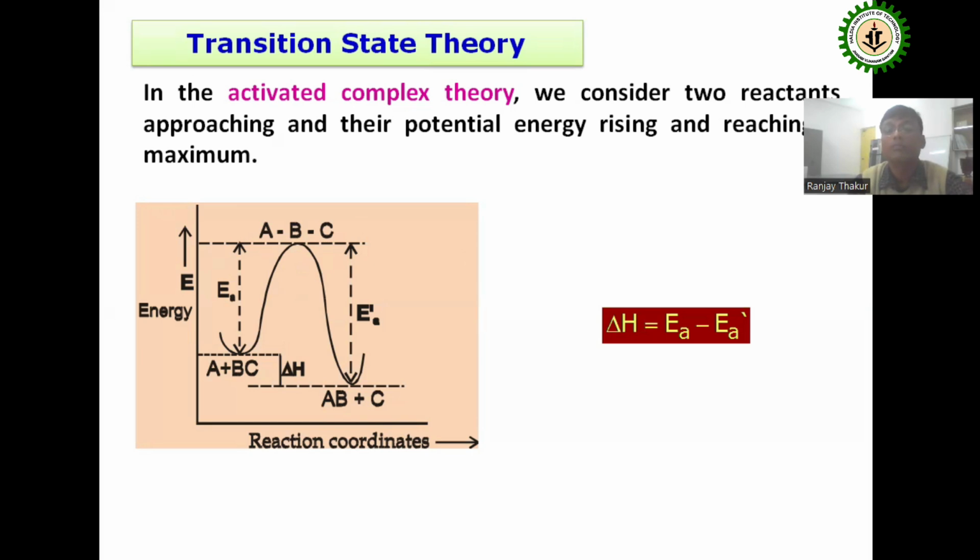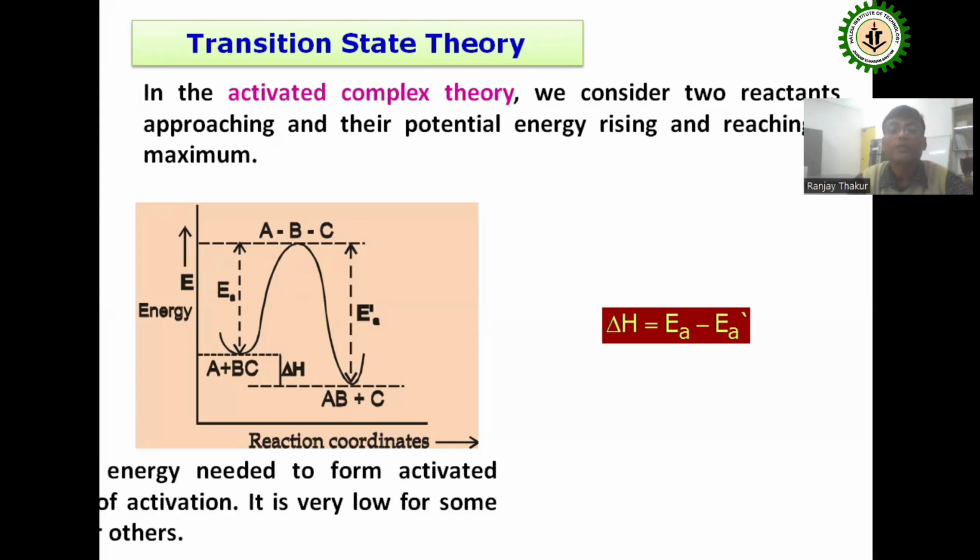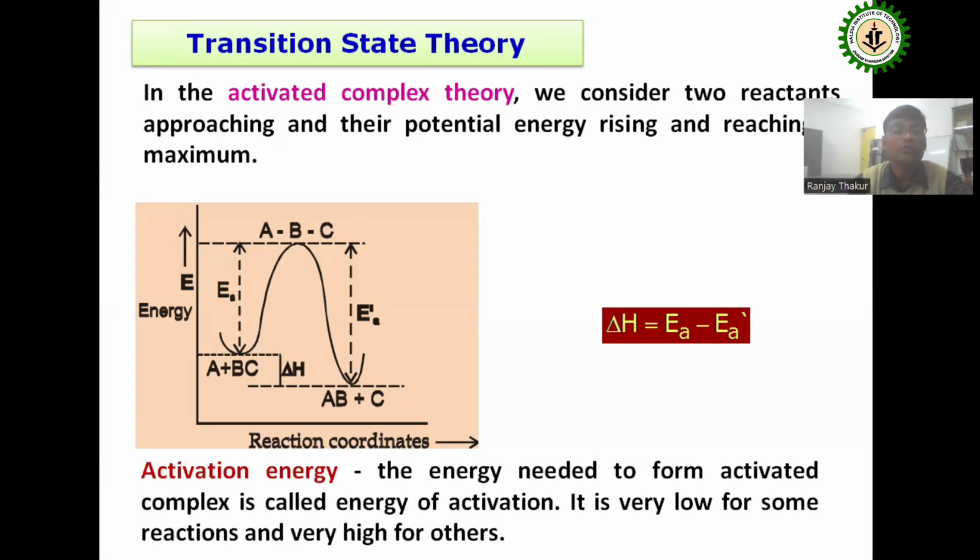Here, delta H is equal to EA minus EA dash. Activation energy is the energy needed to form the activated complex, and it is called the energy of activation. It is very low for some reactions and very high for others. The rate of reaction is directly related to this activation energy.